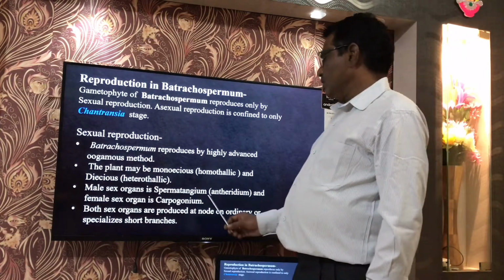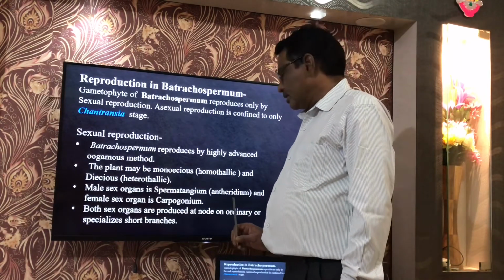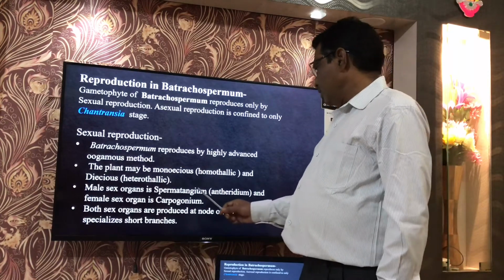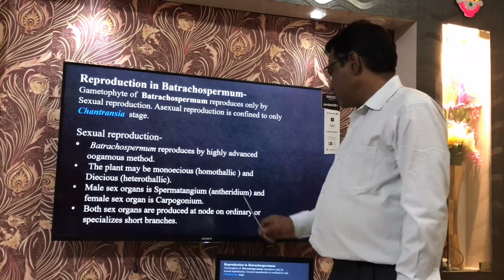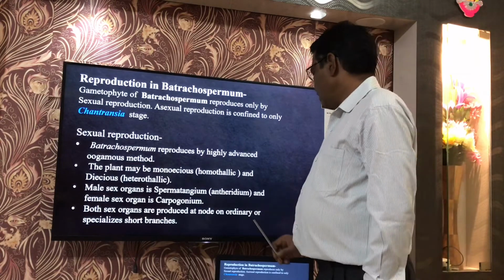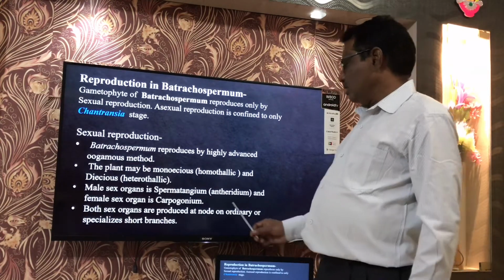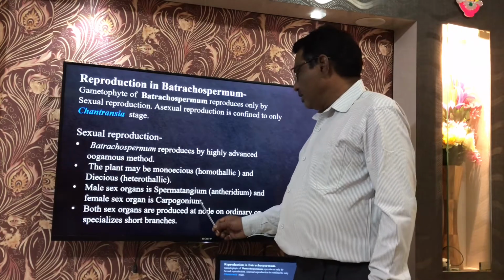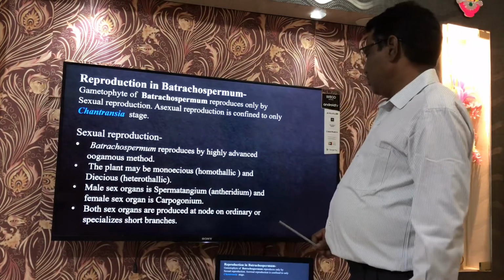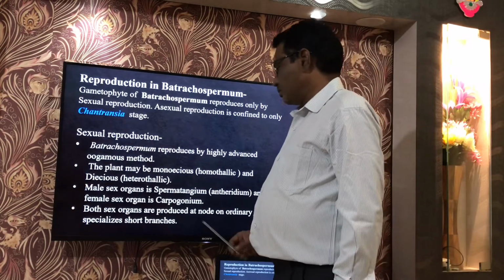The male sex organ as well as female sex organs are well developed. The male sex organ is called spermatangium, which is basically an antheridium, and the female sex organ is a carpogonium, comparable with the oogonium of other members of algae.